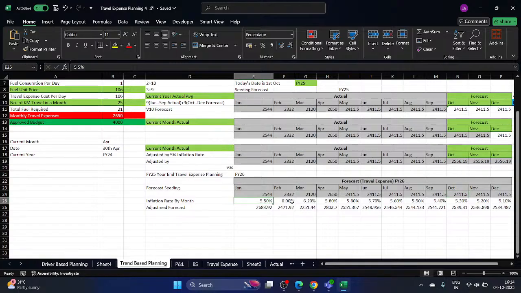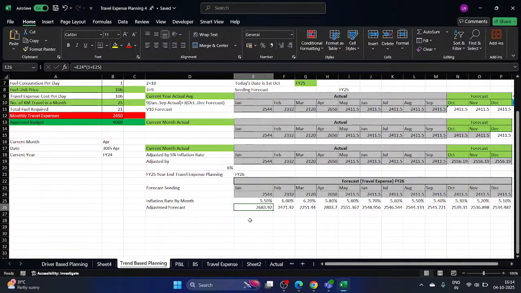For the purpose of forecasting, this is the inflation rate by the month. Like in this month 5.50, and gradually it's increasing and decreasing also. So for this we will apply the formula of inflation.